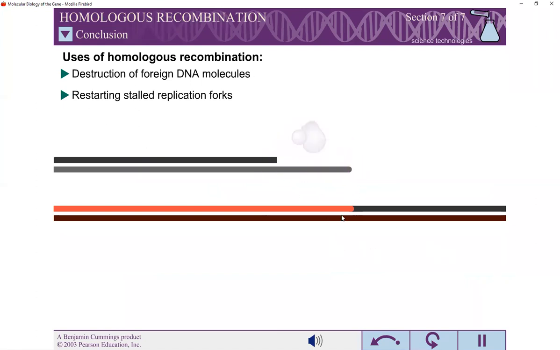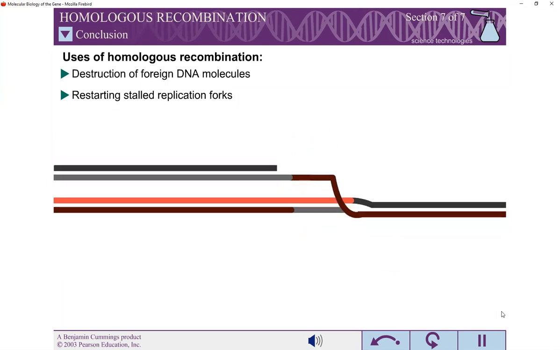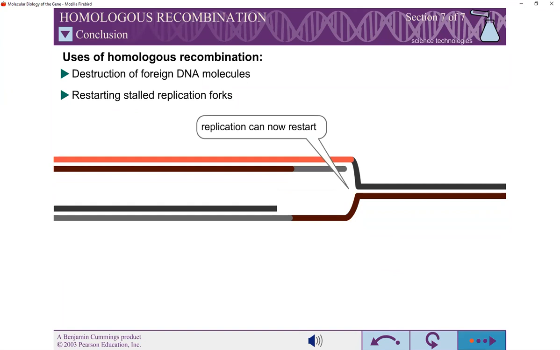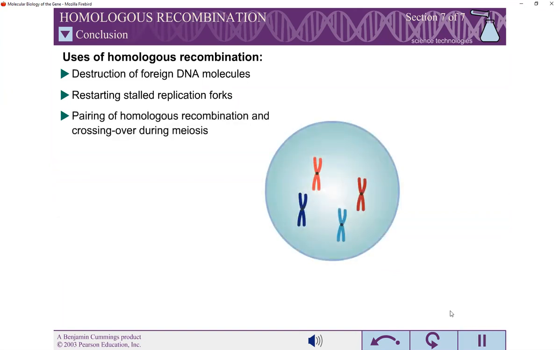So if DNA replication is stalled or stopped, then this process could be effectively used. This is all about homologous recombination. Homologous recombination is also vital for pairing of homologous chromosomes during meiosis and for crossing over between these chromosomes.